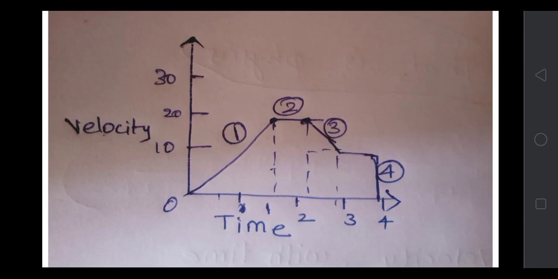So this is what the graph is. If you look at the graph, velocity and time are given, so the line denotes the velocity: from 0 to 20, then 20 constant, then it decreases, then suddenly down to 0.